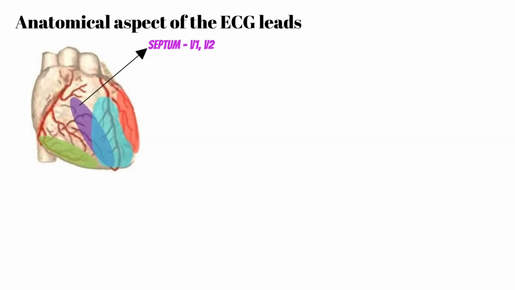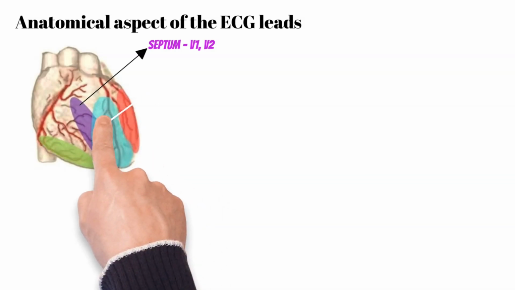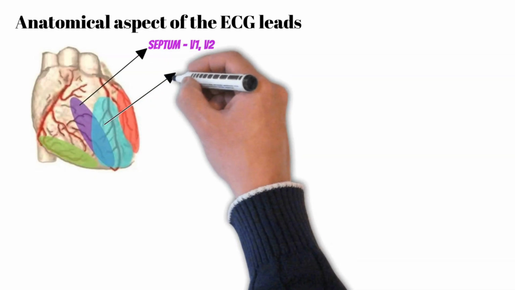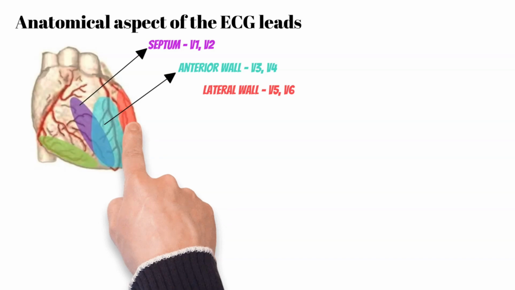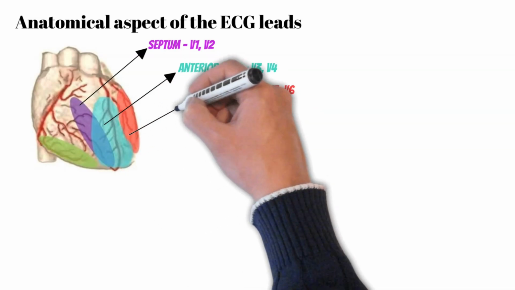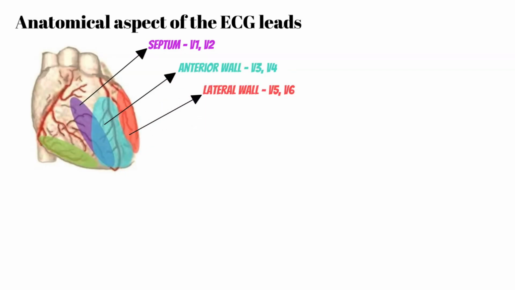So this is a subject for the next discussion. Alright, moving on. V3 and V4 are the anterior leads which observe the anterior wall of the left ventricle. Then V5 and V6 are the anterolateral leads which observe the lateral wall of the left ventricle.